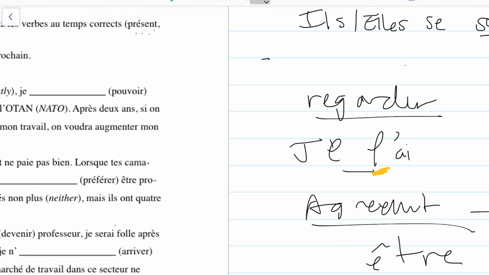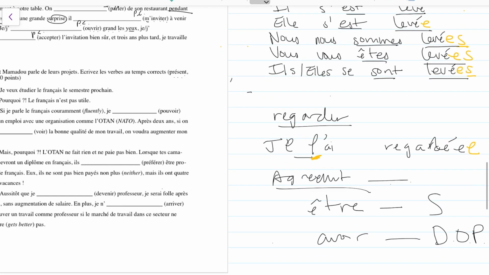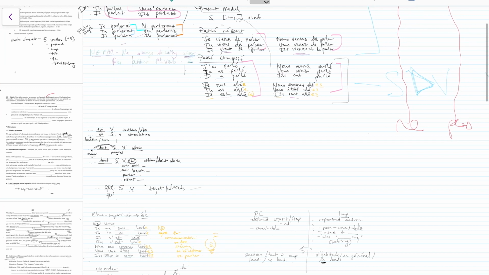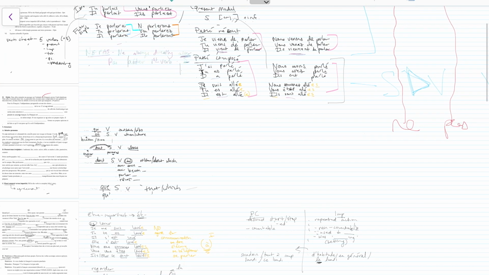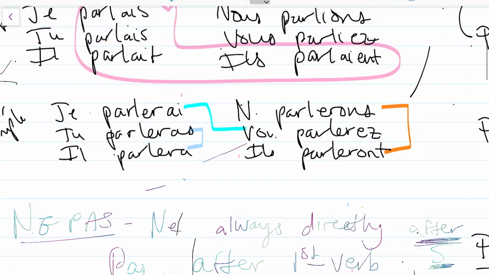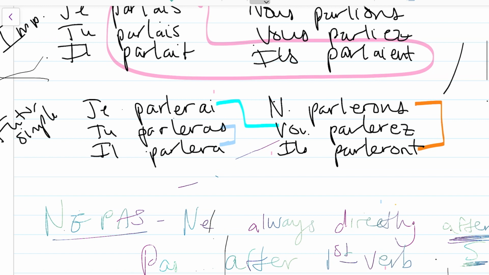So our futur simple, first of all, as a reminder, has one verb. It's mostly based off of our infinitives. Parler plus A-I-A-S-A, O-N-S-E-Z, O-N-T. Remember that is an O-N-T, it's not an E-N-T.